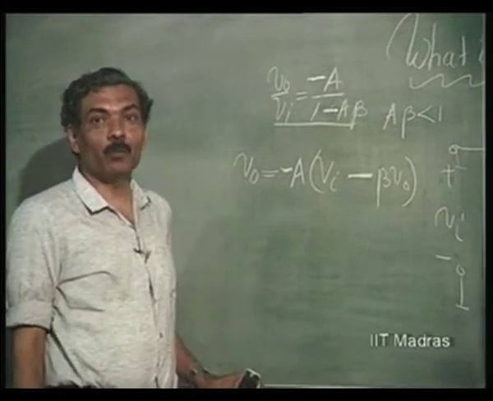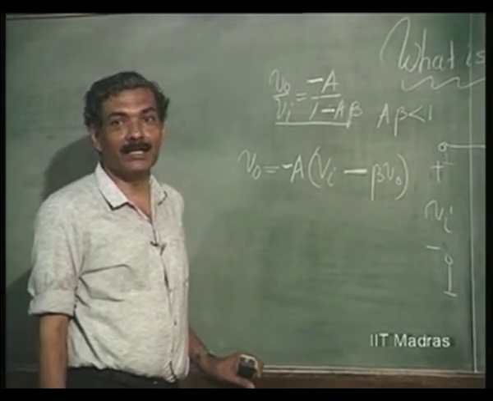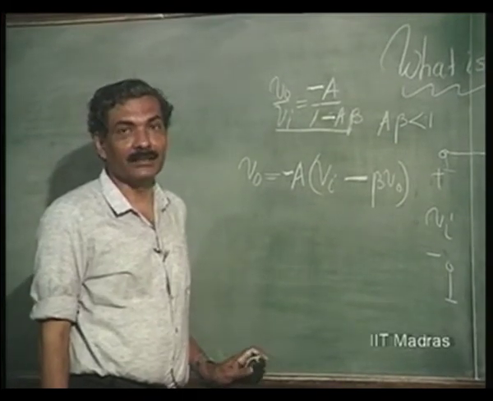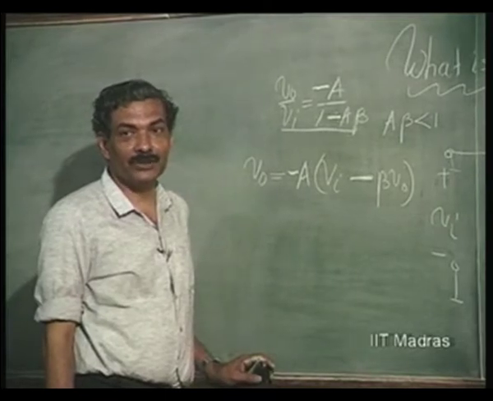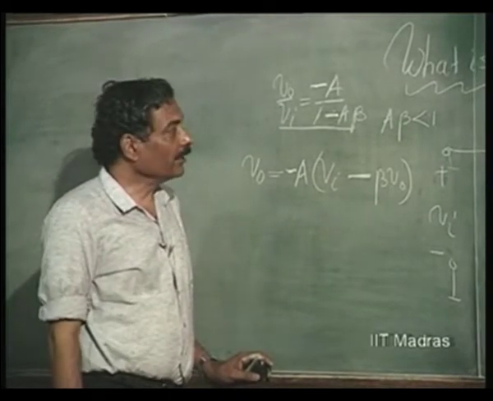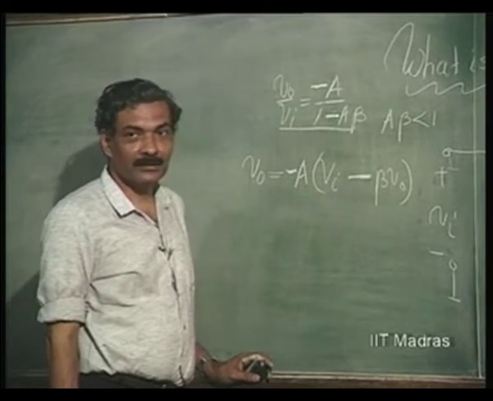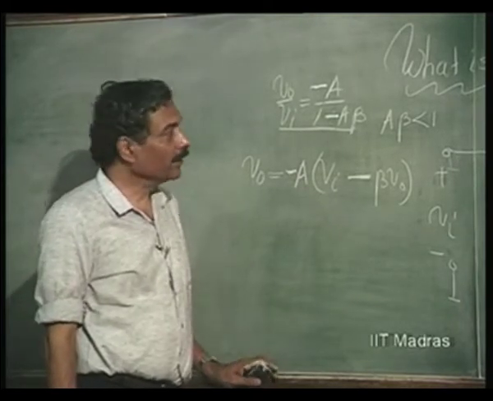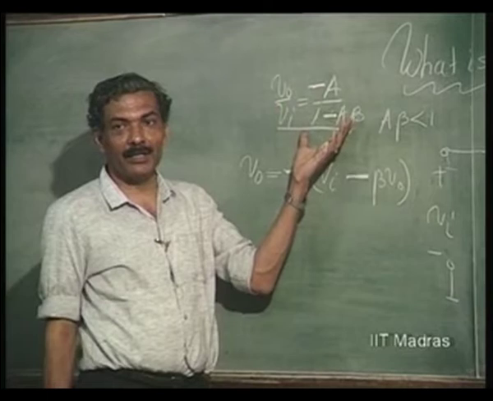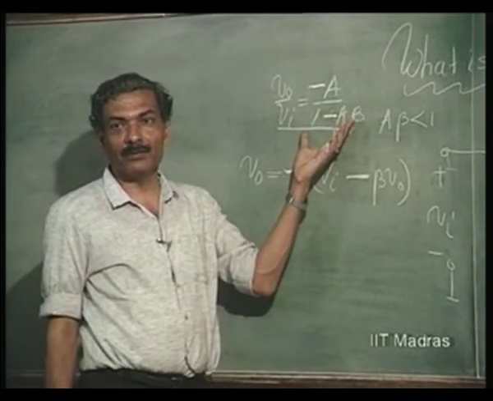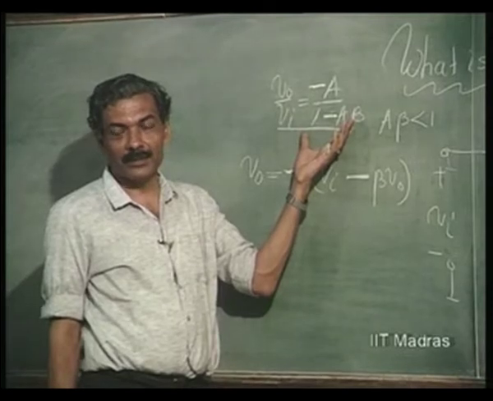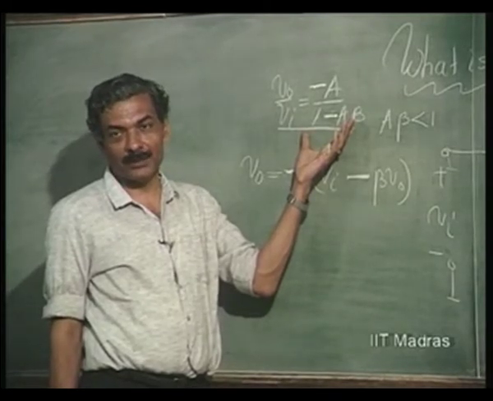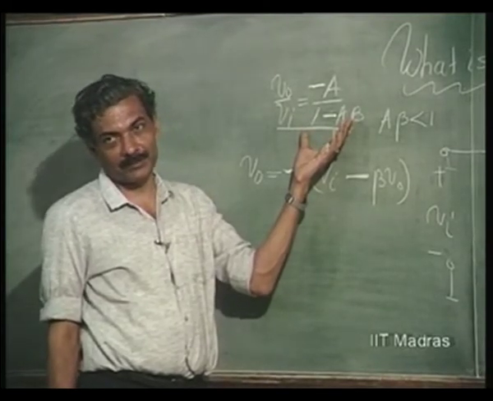Now, the question is, what happens if A beta becomes greater than 1? We will discuss this in the next class. That is called regenerative positive feedback. Until A beta is less than 1, this can still be used as an amplifier. Beyond A beta greater than or equal to 1, it is not possible to use this as an amplifier.